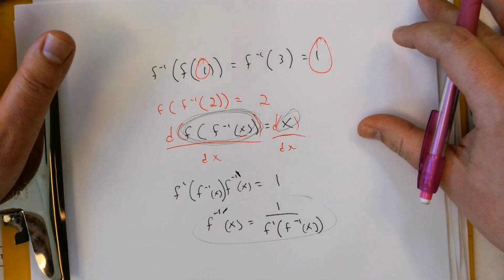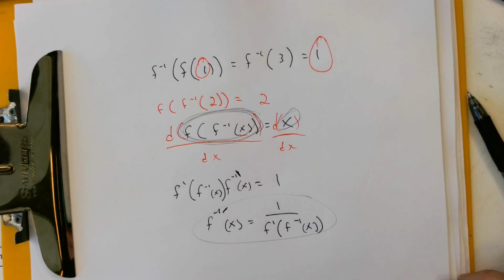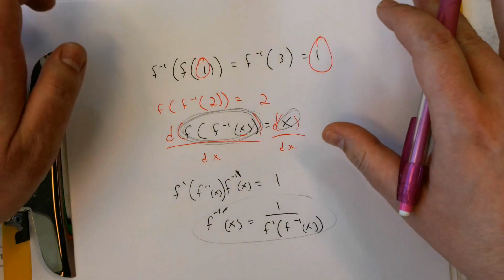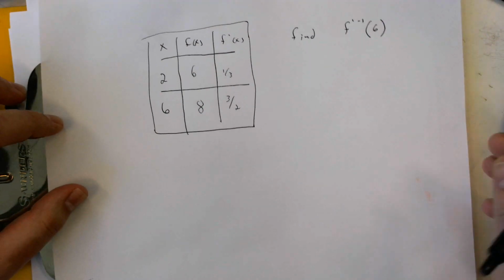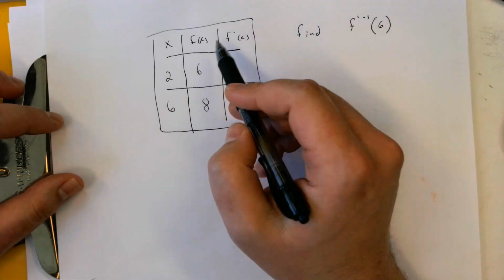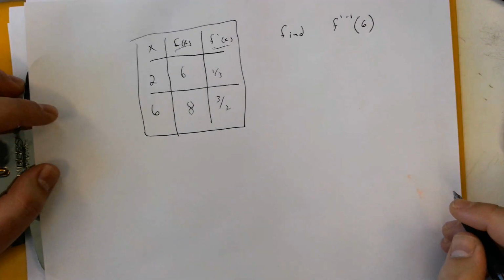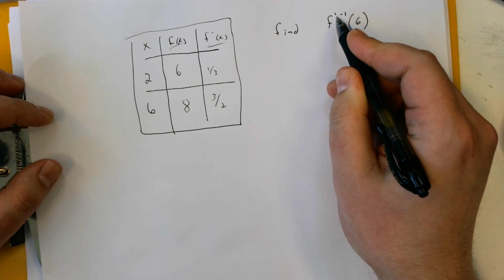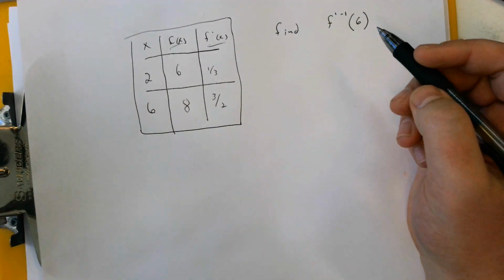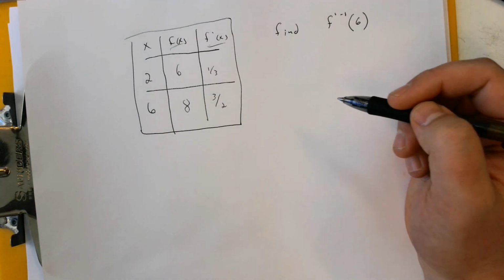Now, what does an actual AP question look like, and how can I use this? Here we have a little table, and notice all we have is f and f prime of x, and we have the question, find f prime inverse of 6. Well, shucks.